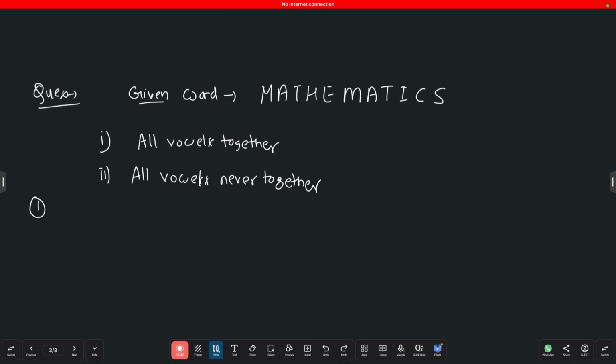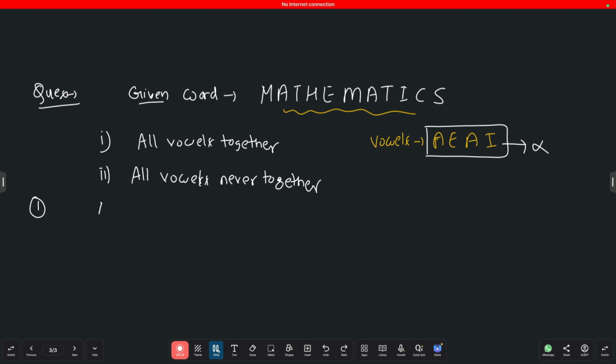For the first one, firstly decode this MATHEMATICS. How many vowels are there in this? They are A, E, A and I. I am solving first all vowels together. It means I will pack them and say this is alpha.